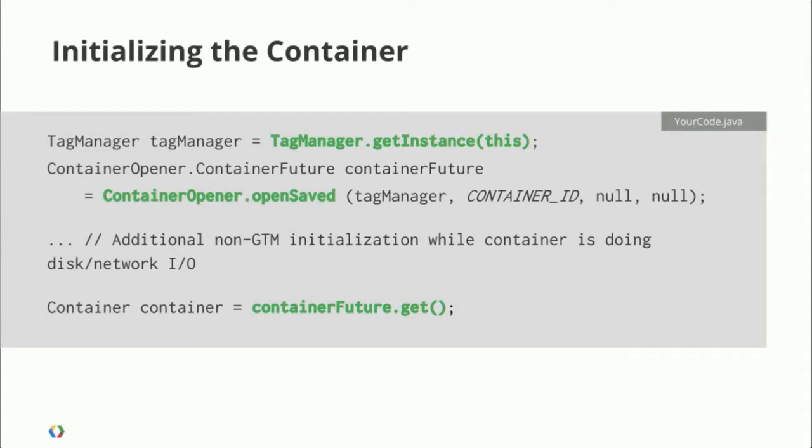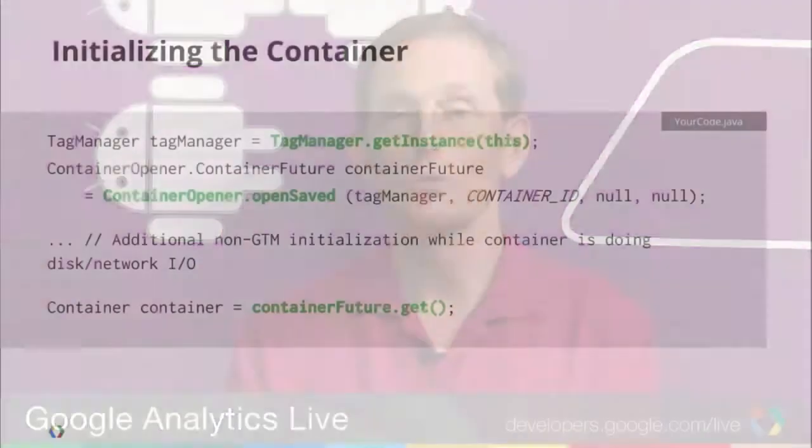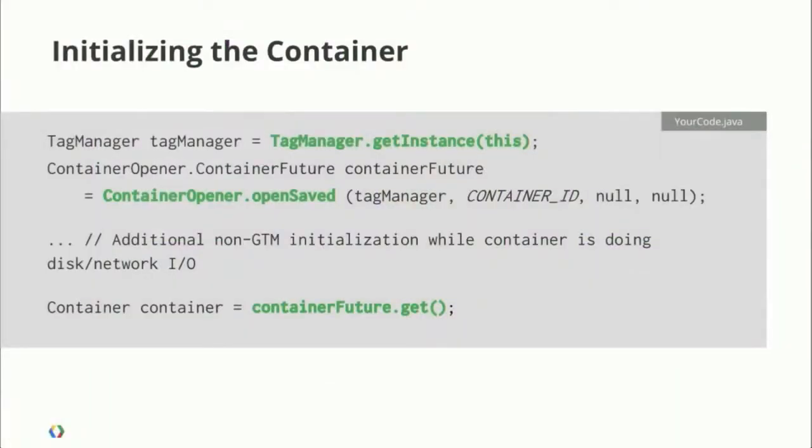That doesn't actually return, so let's make clear what happens. When you are first running your app for the very first time, there's been no communication to the web. So you run your application, and it needs to actually go to the web to get the current version of the container. Now, we don't know how long that's going to take, right? And we also don't even know whether they're connected to the network. So what we do is when you call open saved, we return what's called a future.